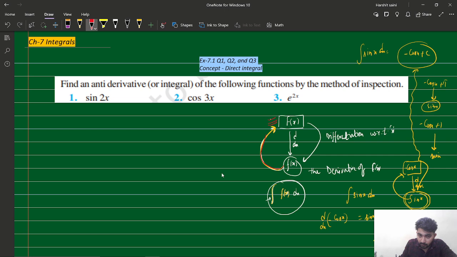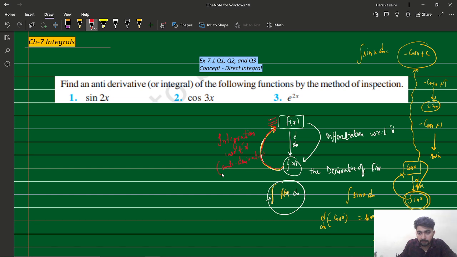From small f we are going to capital F, and from capital F of x we are going towards small f by differentiation. Here we have integration with respect to x. That's why it is also called the anti-derivative.